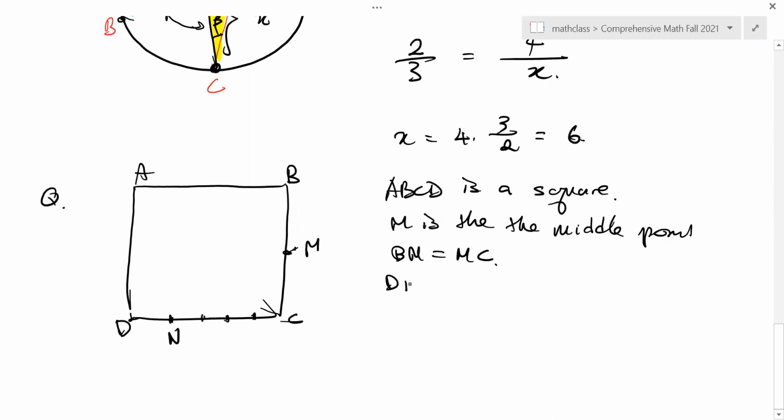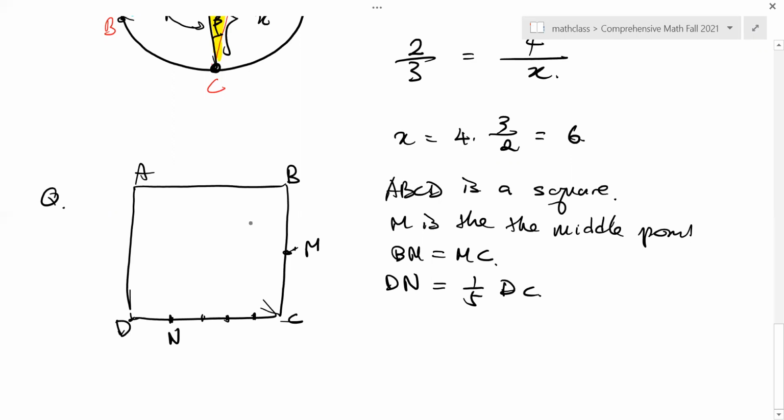But then DN, compared with NC, let me check. DN and NC, I divided DC into 1, 2, 3, 4, 5 parts. So DN is 1/5 of DC.